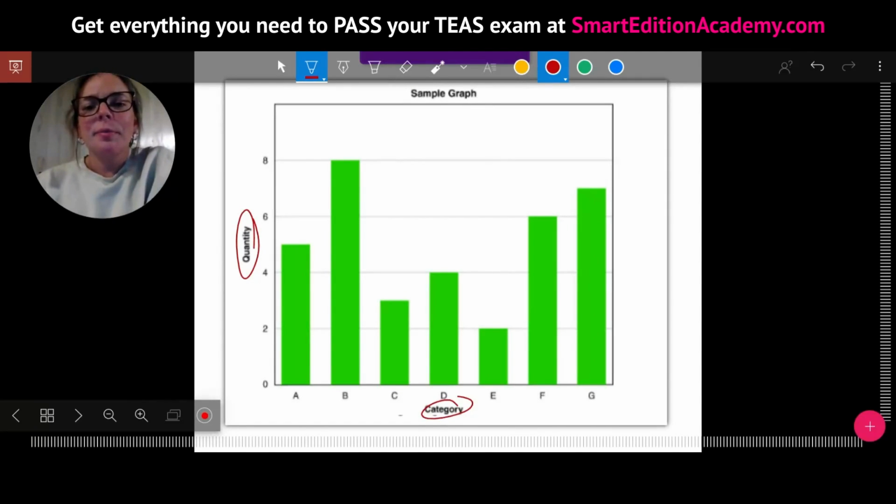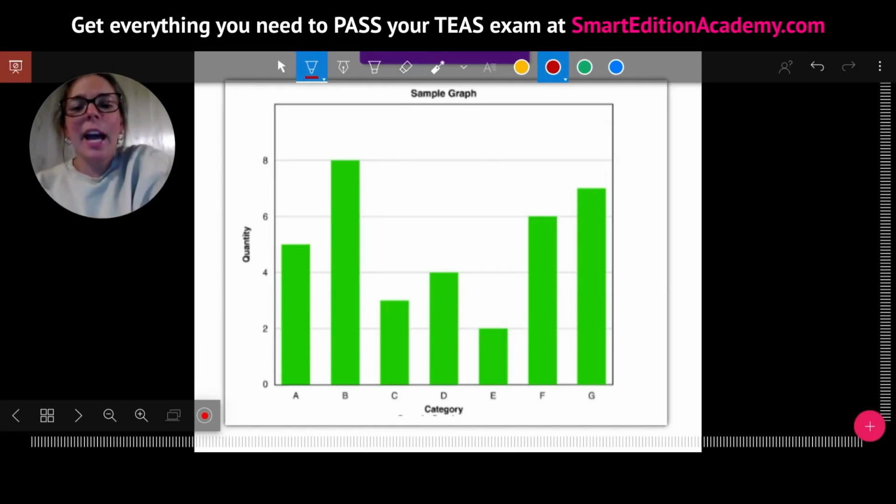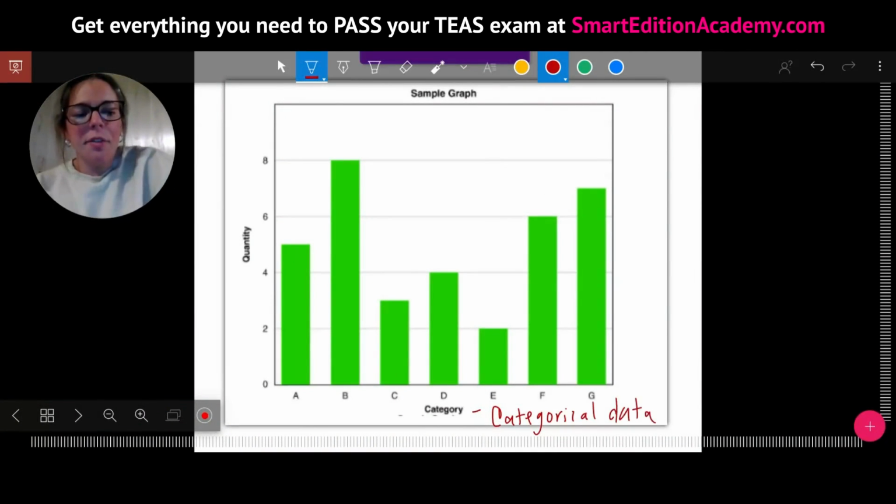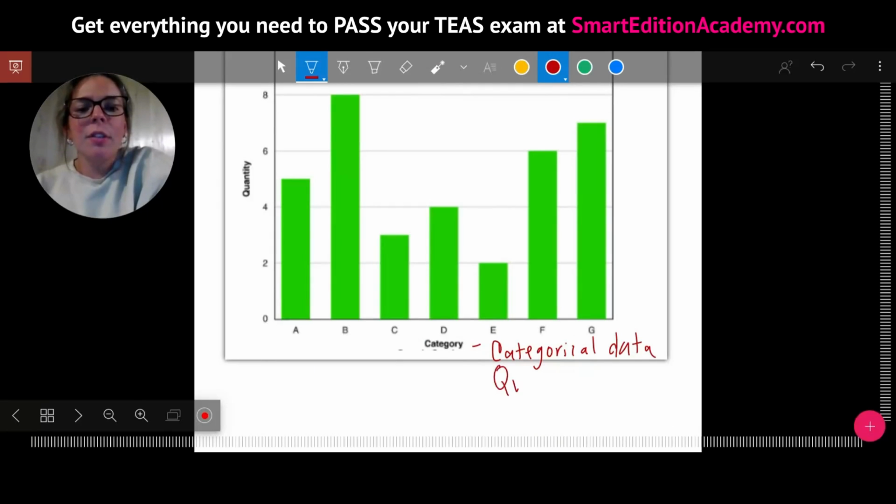So bar graphs are really great if we're talking about categorical data. So this word category or categorical data, also known as qualitative. Okay, so just a couple little key words there for you.